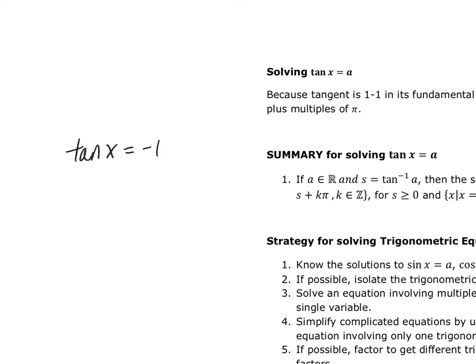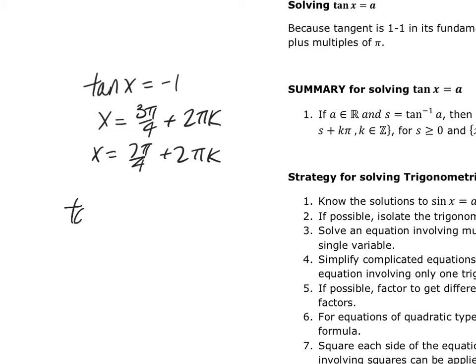So where are my x and y exactly the same but with opposite signs? Which quadrants and what angles? 2 and 4. So my answer to this one would be x is equal to 3 pi over 4 plus 2 pi k and 7 pi over 4 plus 2 pi k.